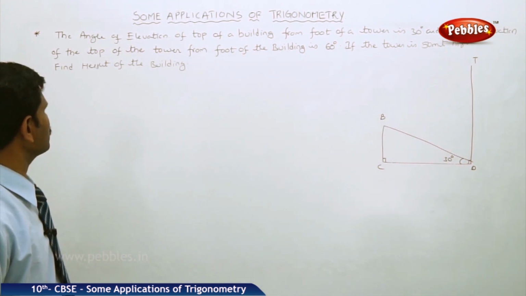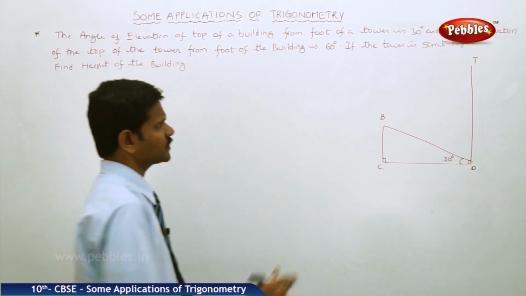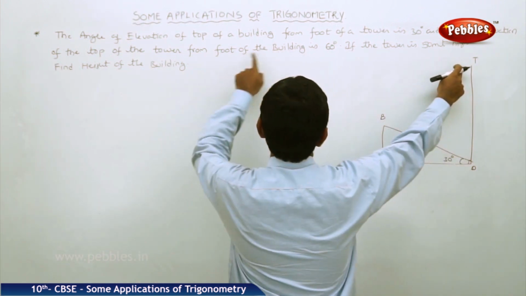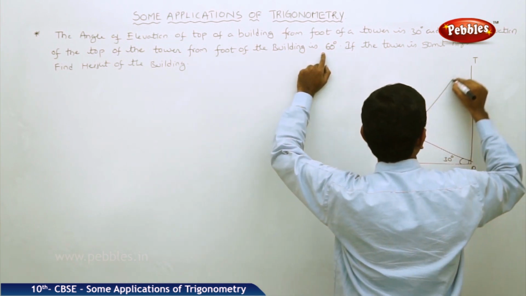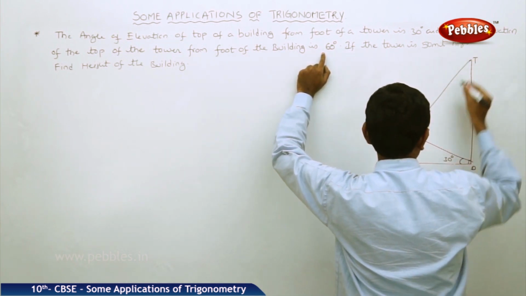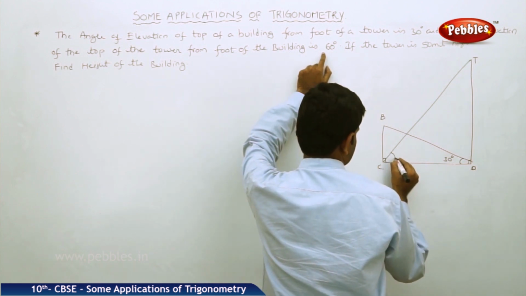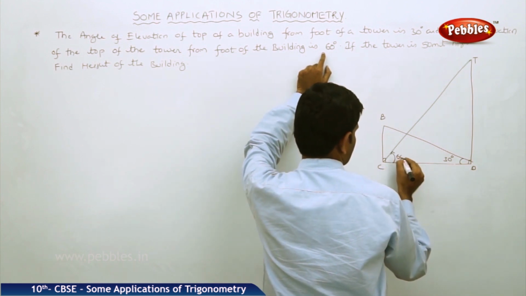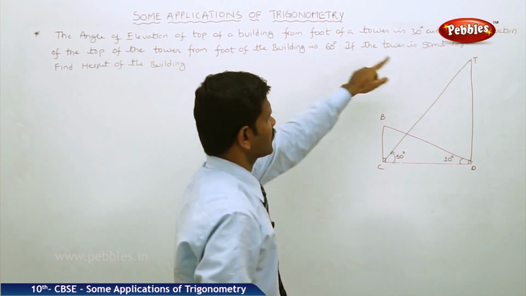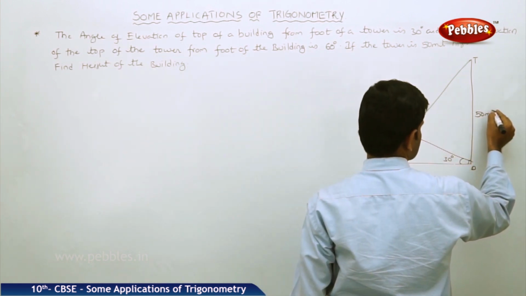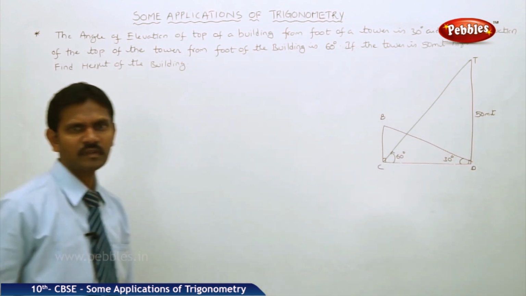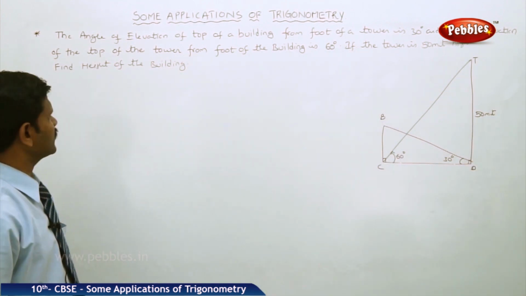And the angle of elevation of the top of the tower, here the top of the tower is T, from the foot of the building C, is 60 degrees. If the height of the tower is 50 meters, then find the height of the building.